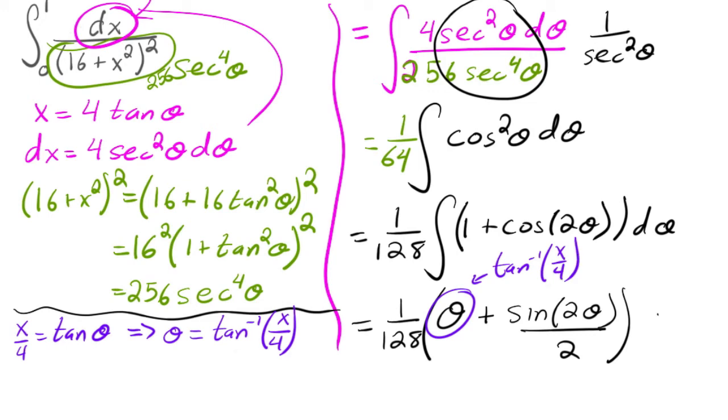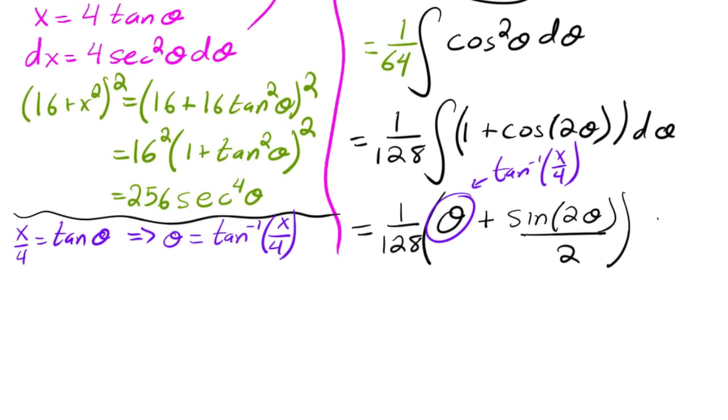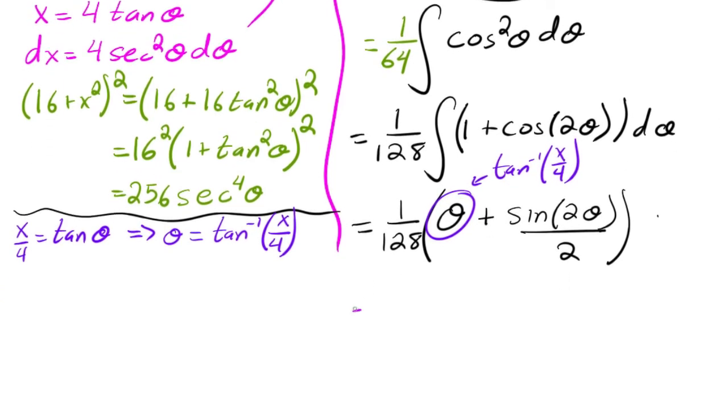But for this one, I'm going to have to use the trig identity. So sine of 2 theta, I'm going to write that as 2 sine theta cosine theta instead. And then the 2's are going to cancel.